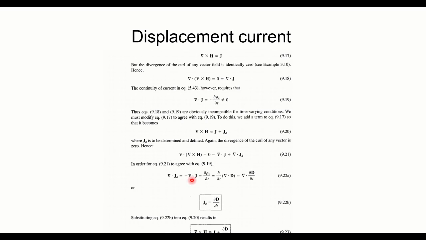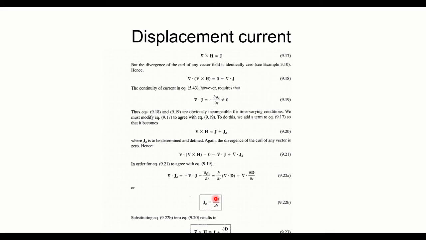So this becomes minus of minus dou rho V by dou T, that becomes plus dou rho V by dou T, which is equal to dou by dou T of rho V. From the Maxwell first equation, rho V is del dot D. So this becomes dou by dou T of del dot D, which is equal to del dot dou D by dou T. When we compare these two, we can say that JD is equal to dou D by dou T, and this JD is known as the displacement current density.